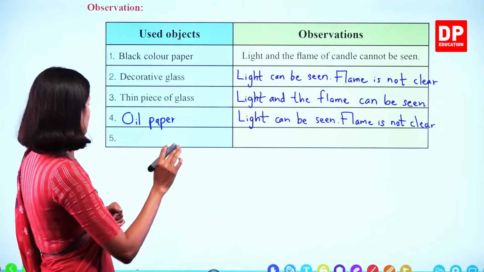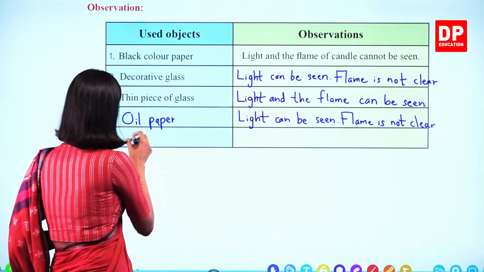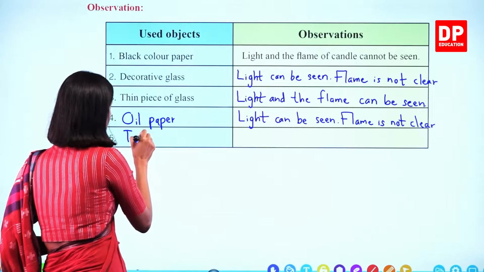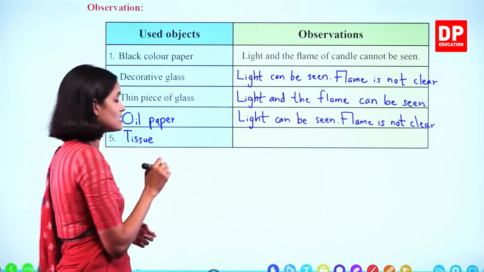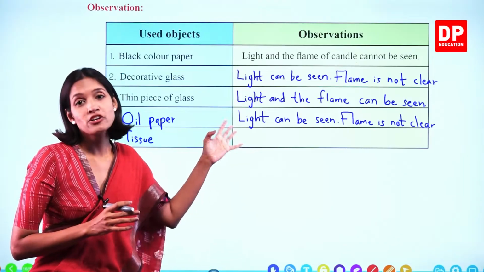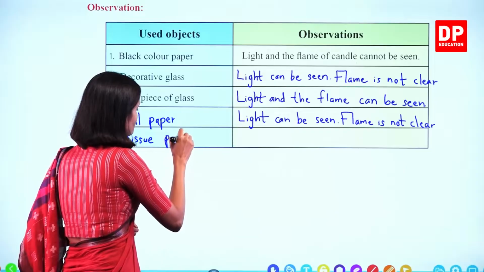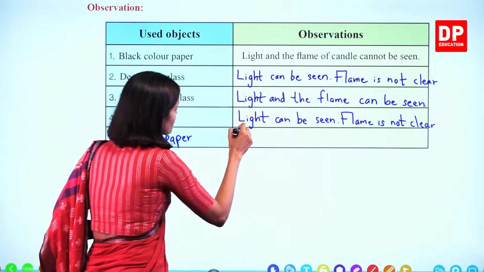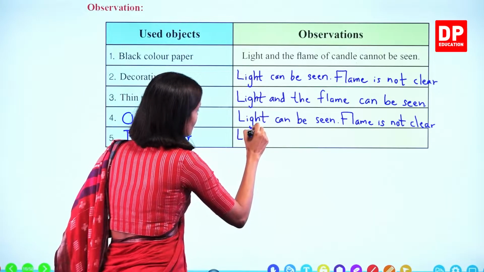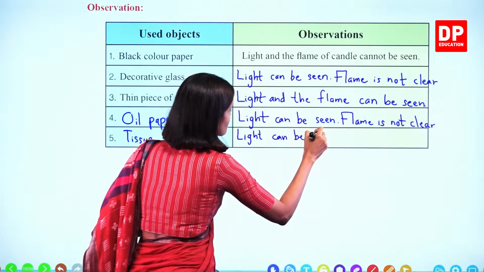What are we going to write next? Tissue paper, we use different colors through all of them. We could see the light but not the flame, right? Tissue paper. Light can be seen.